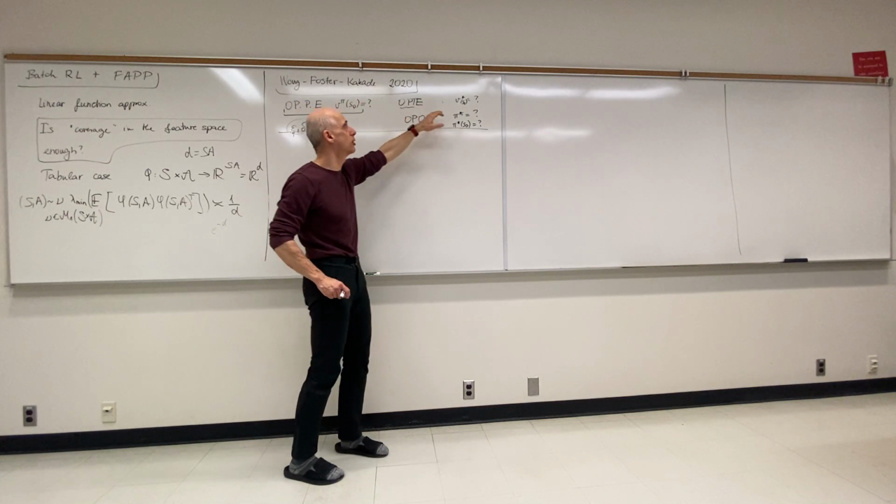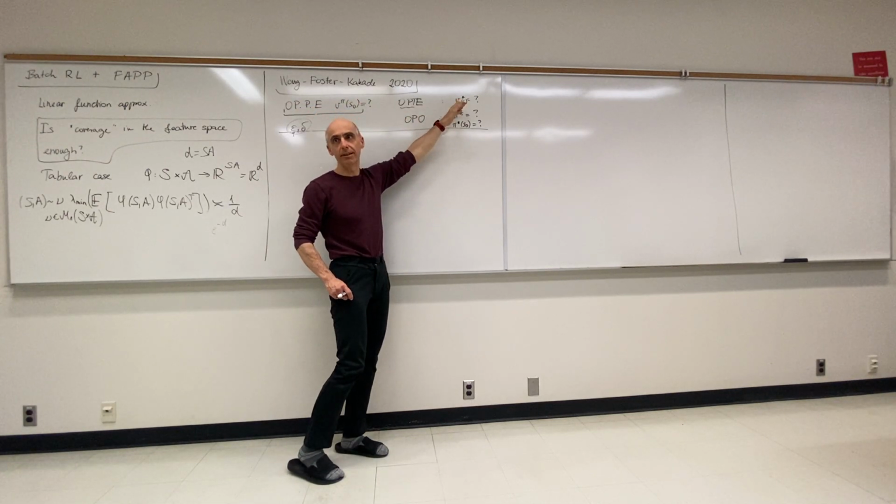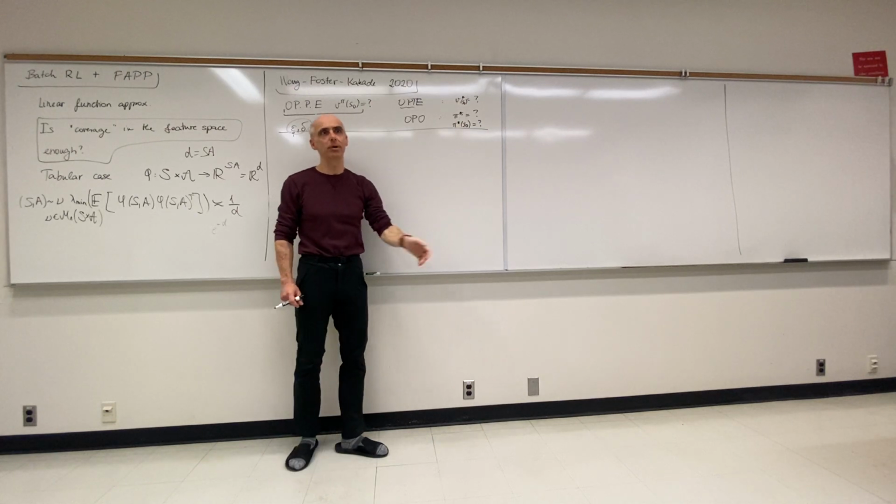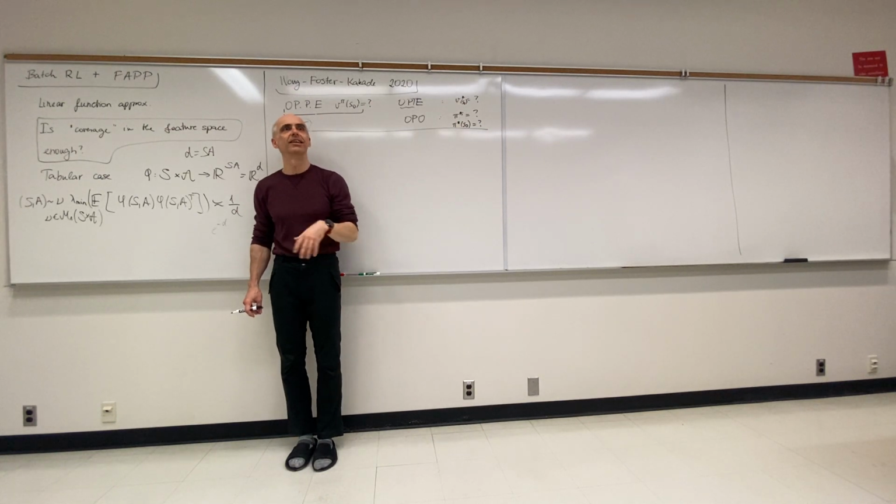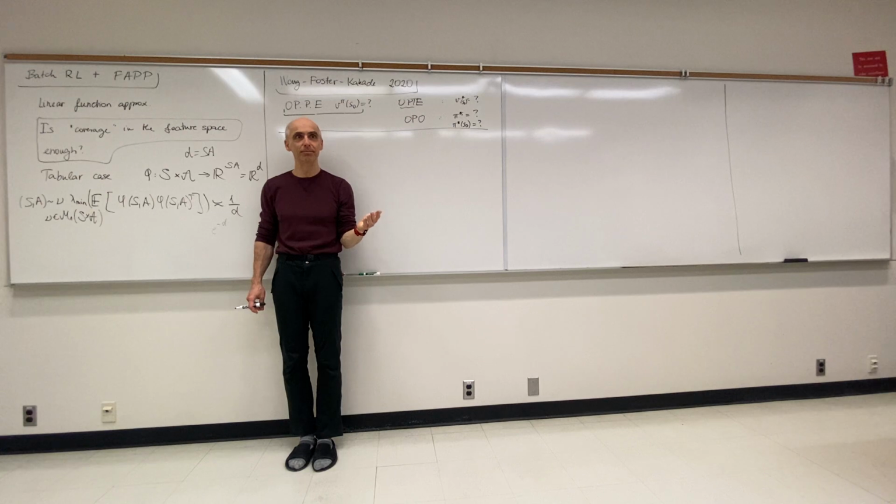If I need to solve for V star, a very simple approach would be to enumerate all the policies, get their values, choose the max. Problem solved.